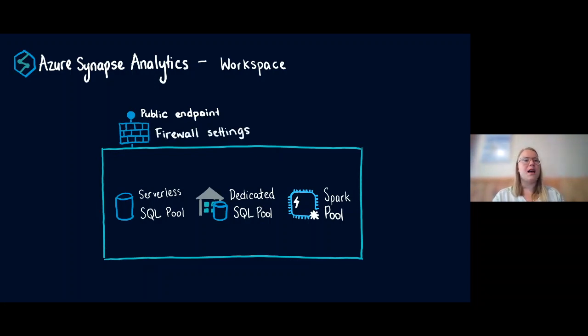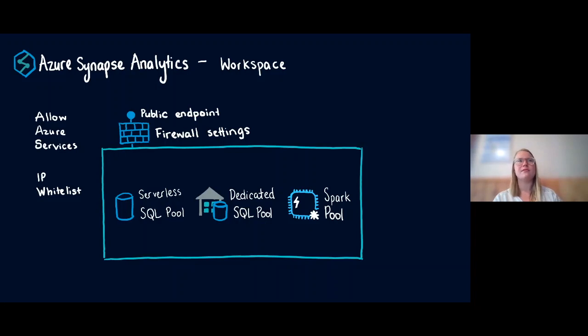Within that firewall we have some settings. We can, for example, allow Azure services to access our Synapse Analytics workspace, but we can also whitelist different IP addresses. In certain scenarios, this might be completely sufficient for your setup: it has a public endpoint, but we control all the traffic with the firewall settings, and that is totally enough.